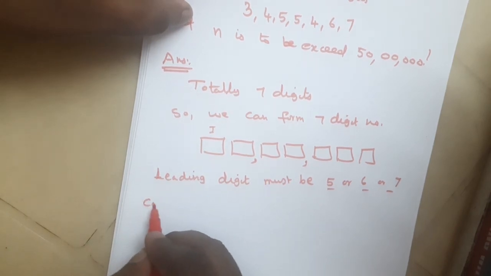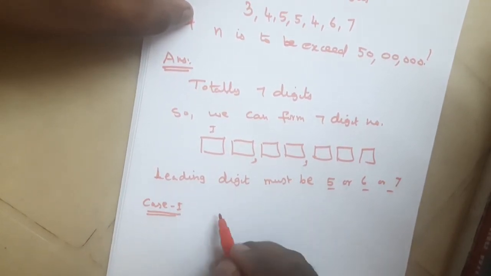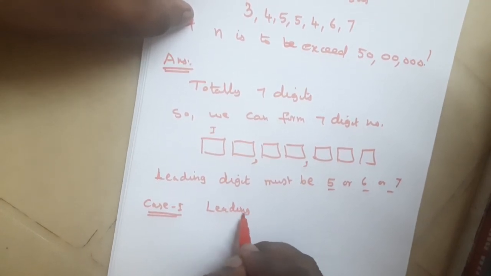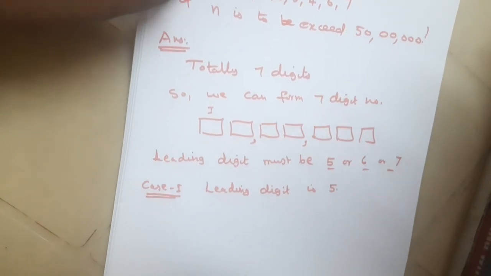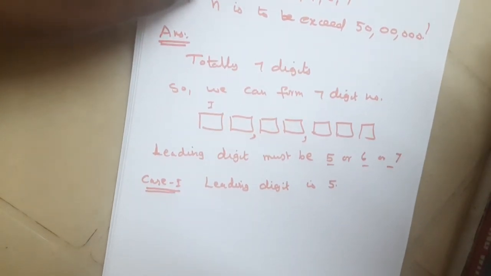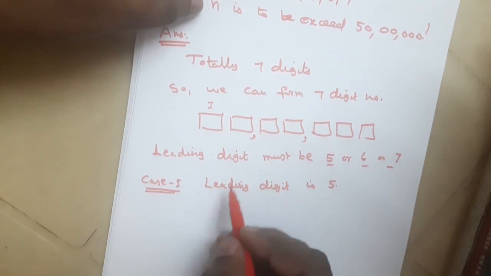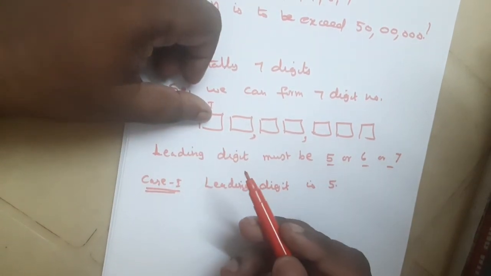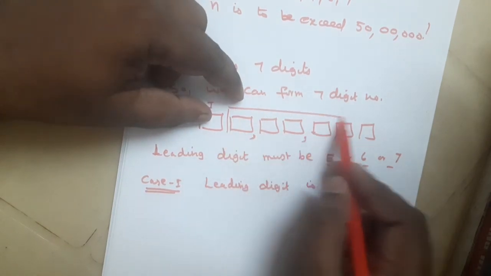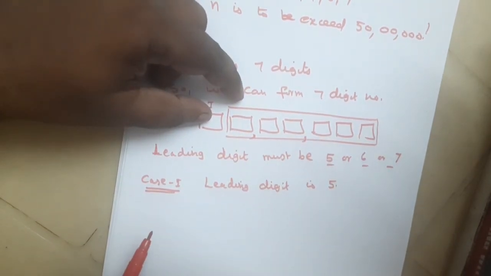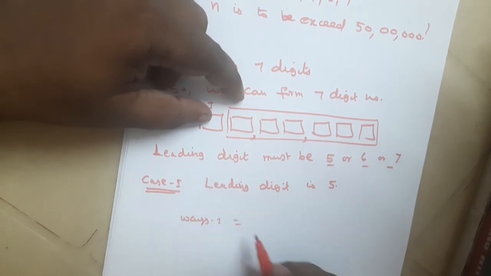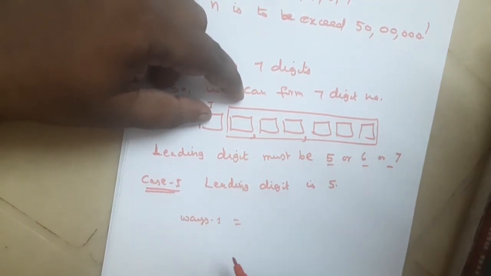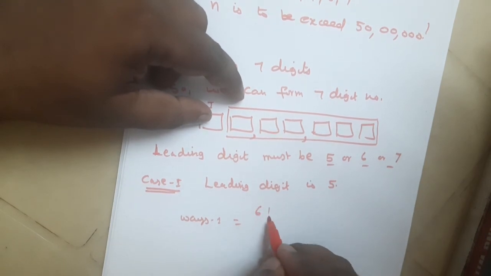Okay, first case 1, that is, the leading digit is 5. It's fixed, so we leave it. So what about the remaining 6 digits? Number of ways equals totally 6 objects, so 6 factorial.